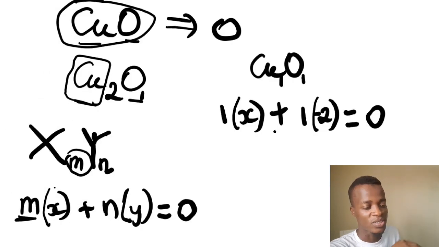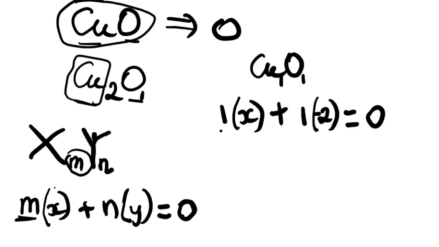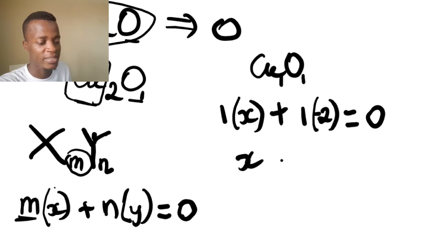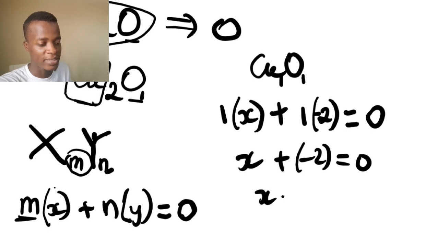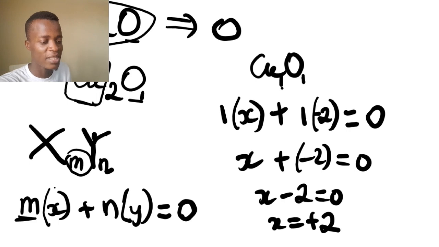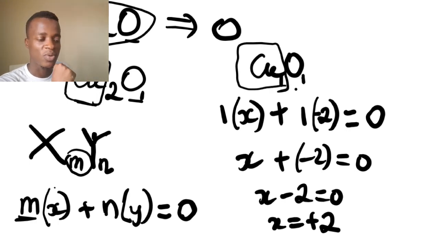I was just using the number of electrons to tell you that, okay, 1 times negative 2 is equal to 0. So what we are doing is we are going to have 1 times x, which is x, plus 1 times negative 2, which is negative 2, equals 0. So x minus 2 equals 0, so x is equal to plus 2. So it means that the number of electrons that this guy is giving is 2 in this particular bond.